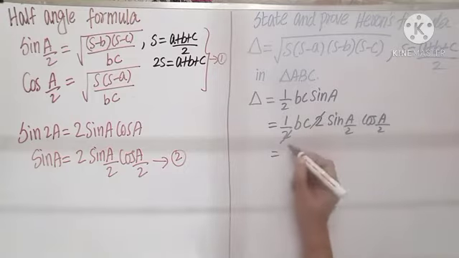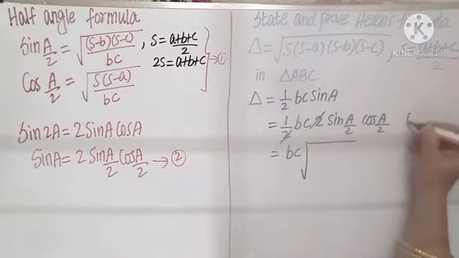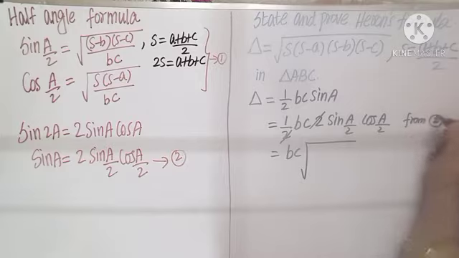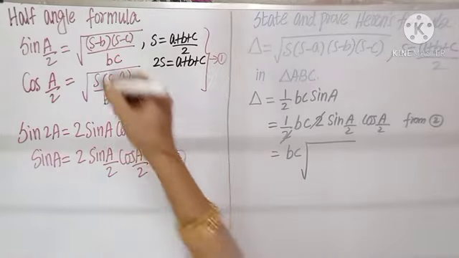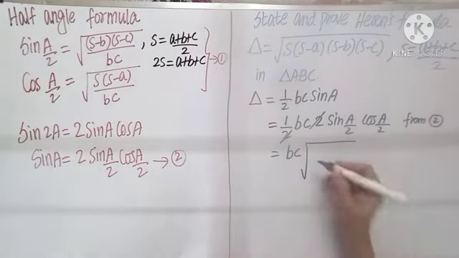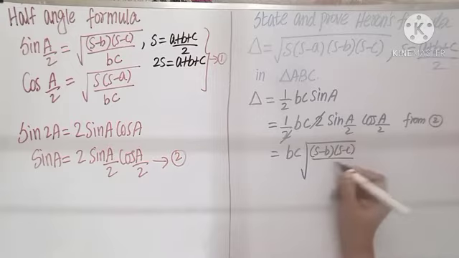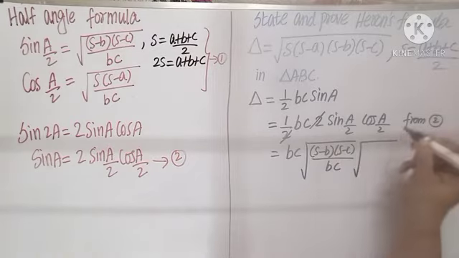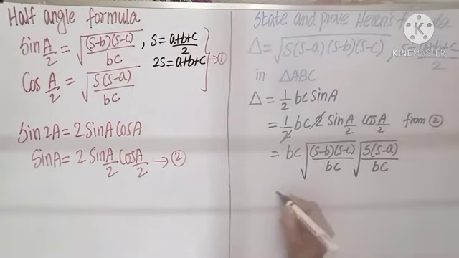2 and 2 I can cancel. What is sin A by 2 from here? So this I write from the second formula, and this I am going to use the first formula. Sin A by 2 is root of S minus B into S minus C by BC. Cos A by 2 is root of S into S minus A by BC.